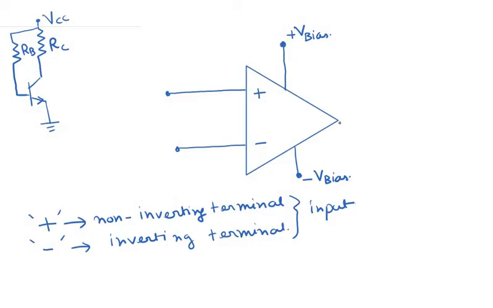And we have one output terminal. So this is our output terminal, and across this terminal we basically get the output of the op amp, V0. And these two are basically the input terminals.